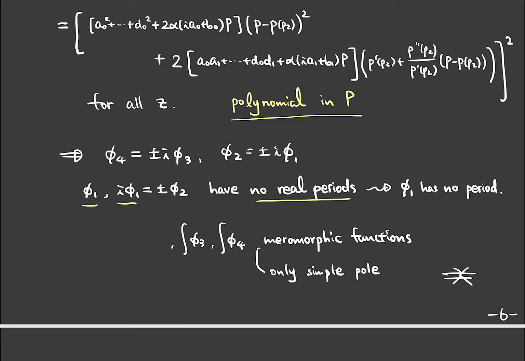Because if there is a non-trivial meromorphic function with only a simple pole, then this implies that such a Riemann surface is biholomorphic to P1, which is a sphere, so it is a contradiction.